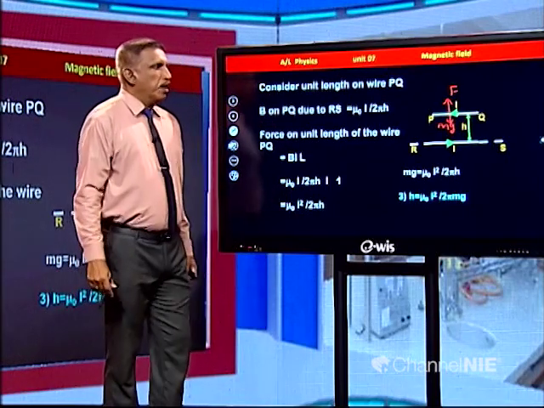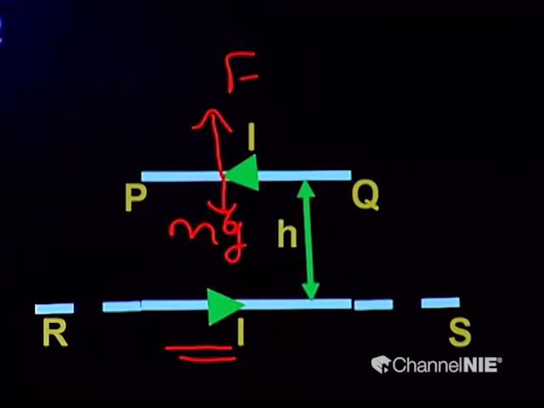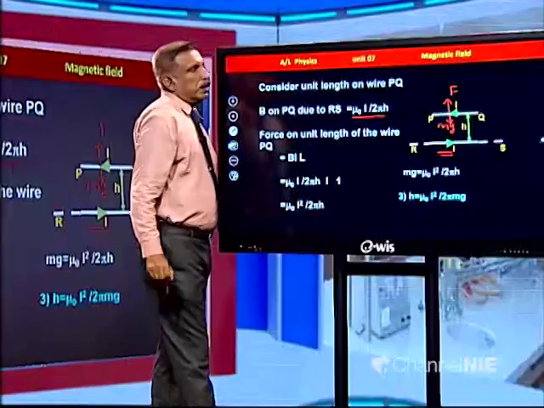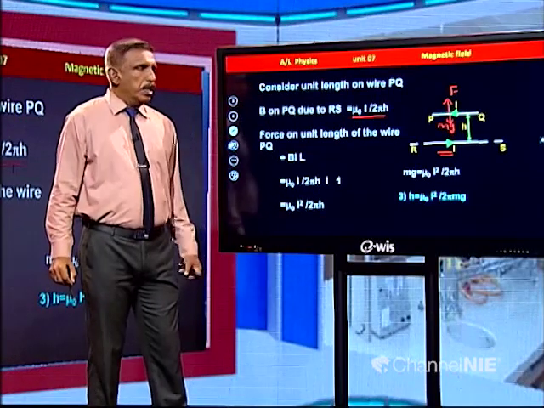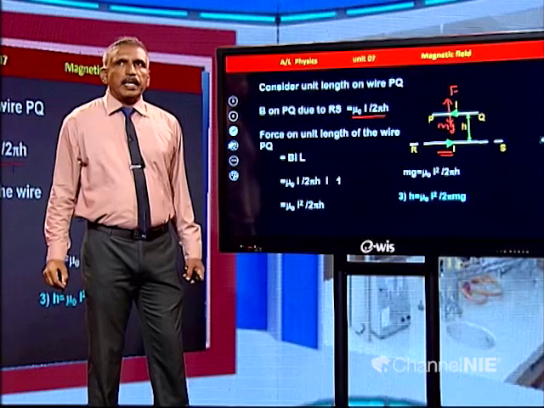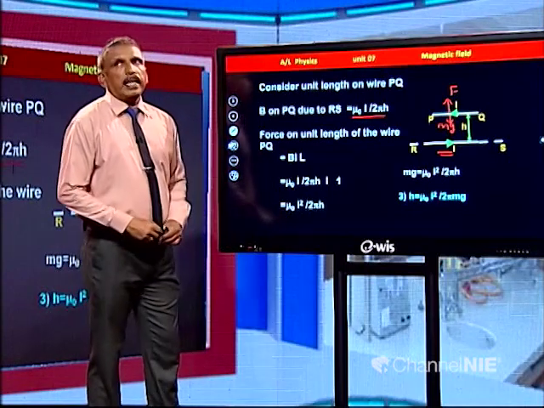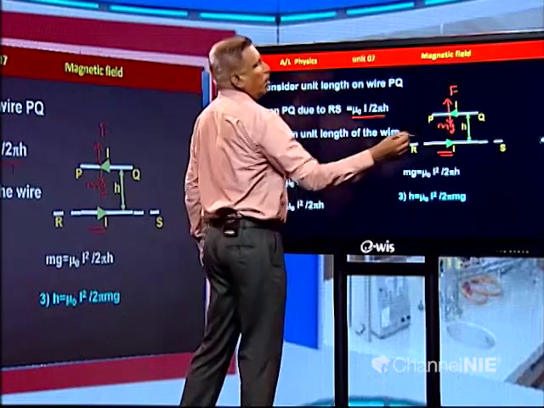So, here this RS conductor carrying a current I produces a magnetic field on PQ. That magnetic flux density we always write as mu naught I over 2 pi h, which is the magnetic flux density due to the conductor RS. The direction: you take a right hand and find the direction, and that is coming out of the board.